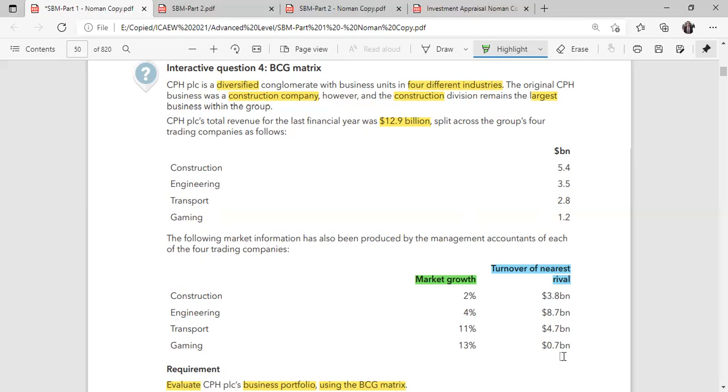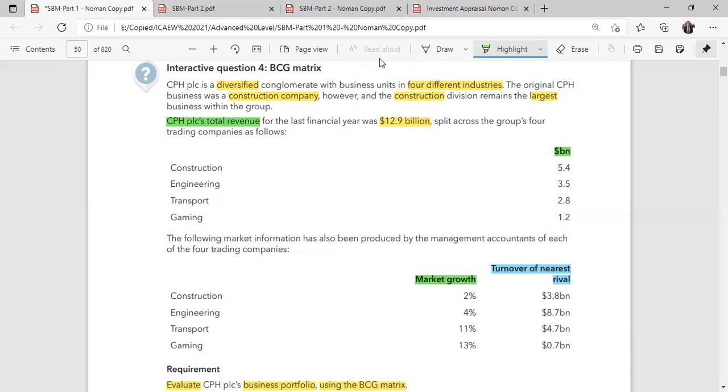What we have to do, let me share some clues. You have to look at your own revenues of CPH, and also consider the market growth and the turnover of your competitors in the different sectors. Ultimately you have to use the BCG matrix, where we go for star, cash cow, dog, and question mark.